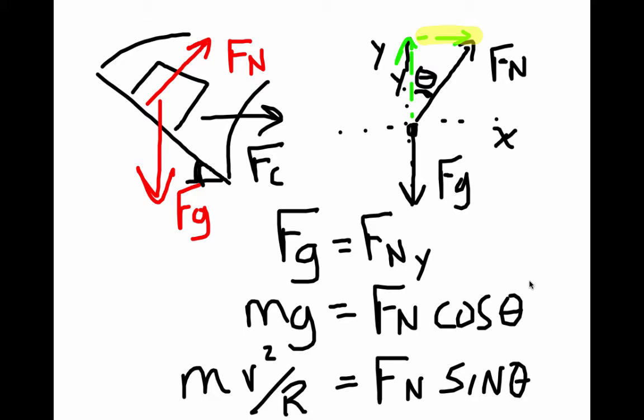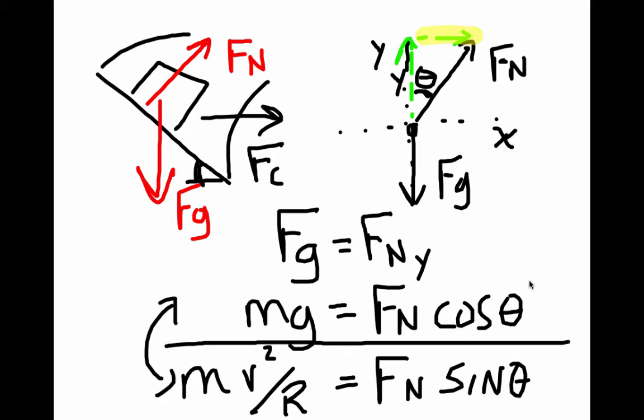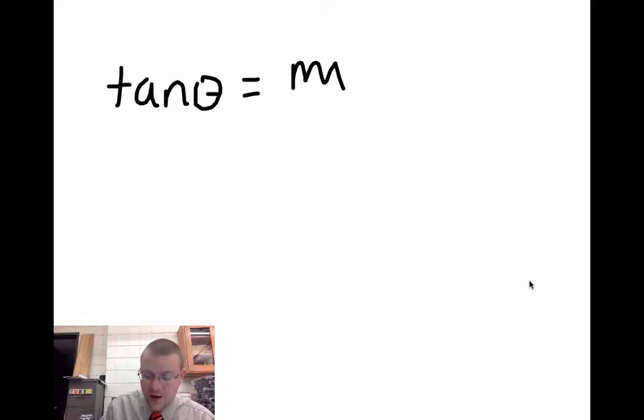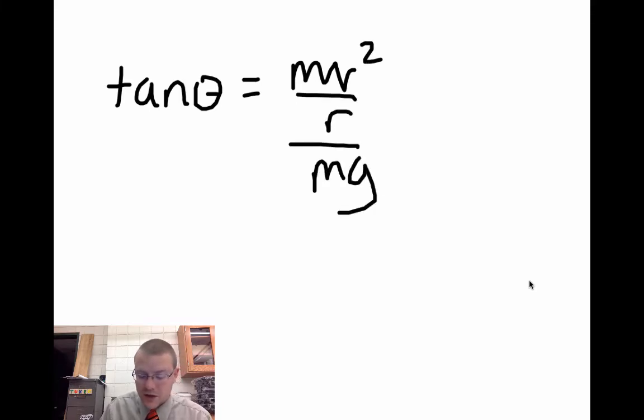Our goal here is to figure out the speed that we can safely go around here. Since there's a normal force in both equations, one thing we could do is divide both of these. Cosine over sine gives us cotangent, so if I flip these and divide my x component over my y component, you'll end up getting tangent of theta equal to mv squared over r divided by mg.